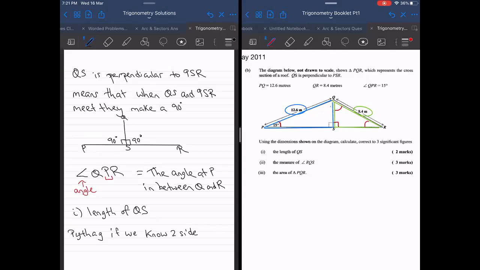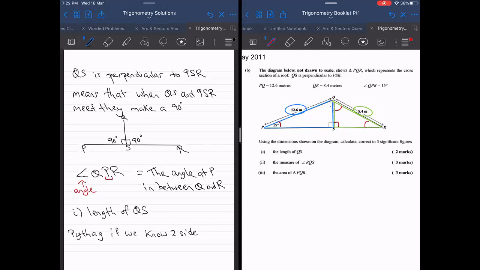So I said, okay, what's the next bit of information we were a little confused about? It was the little symbol to the left, which does not mean greater than, right? It means angle QPR, which is saying the angle at P, which is this, in between Q and R. So they asked us to find the length of QS.